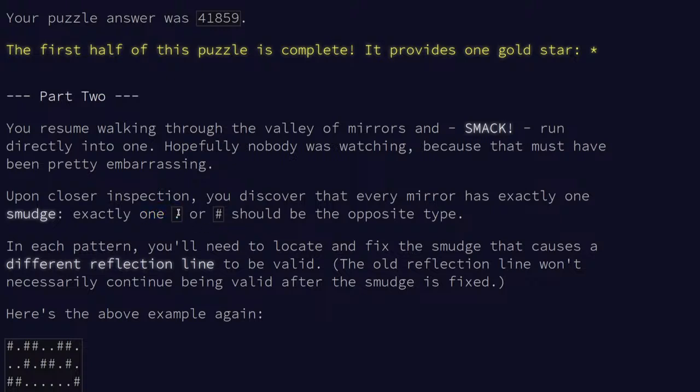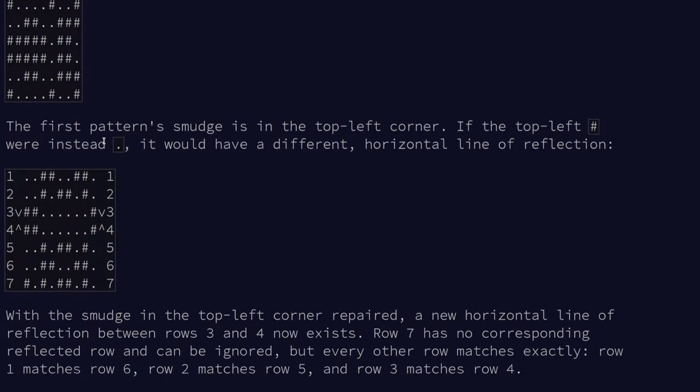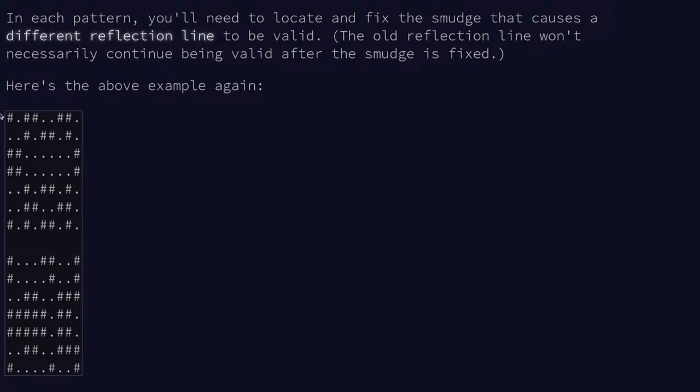exactly one dot or deposit type. Okay, it should be exactly one, but still if they're changing, this is changed to a dot, that means changing this to a hash is also a valid thing.